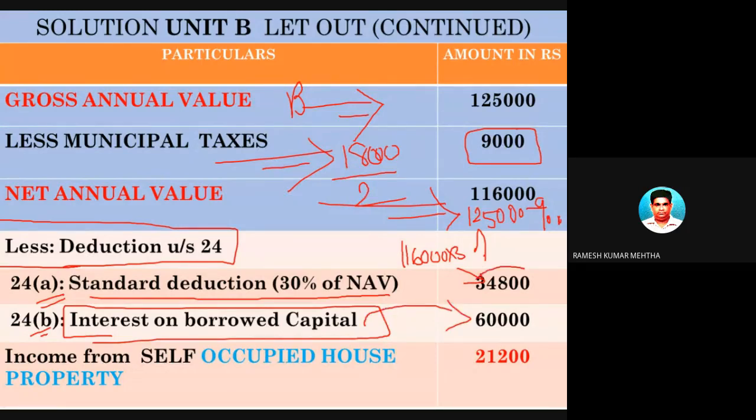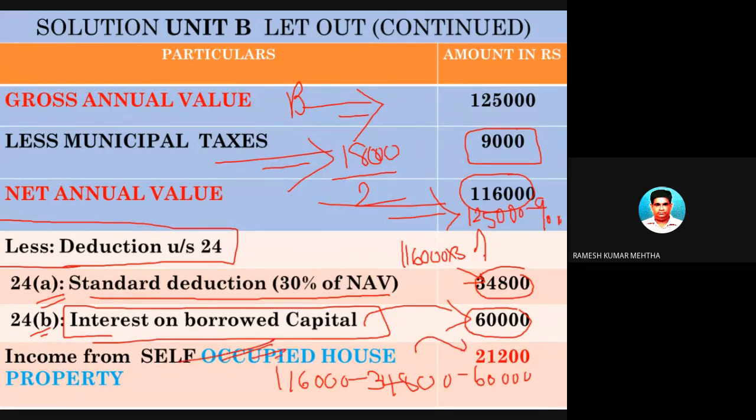This is allowed as a deduction from 1,16,000 rupees. So 1,16,000 minus 34,800 minus 60,000 will generate the income from the let out house property.